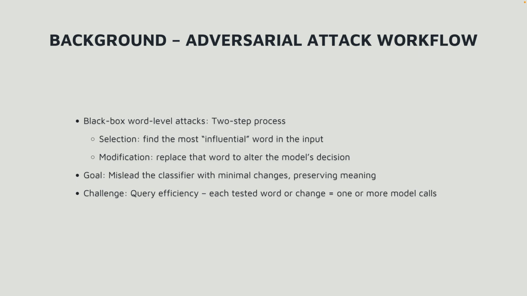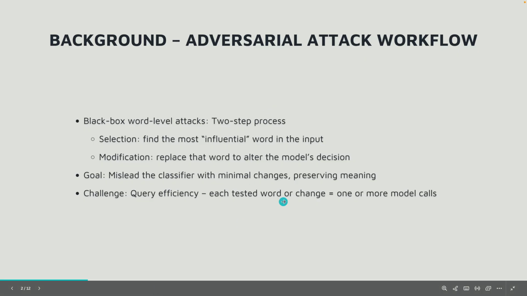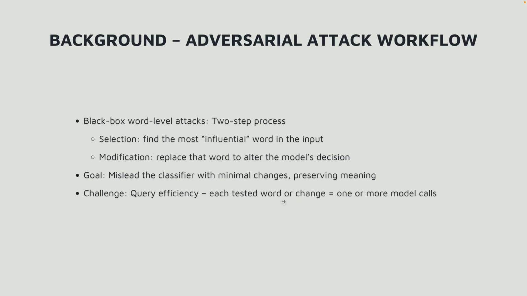The main challenge is to maintain the query count, so in order to not blow up the query numbers, we decided to introduce two new algorithms which maintain query efficiency with minimal perturbations.